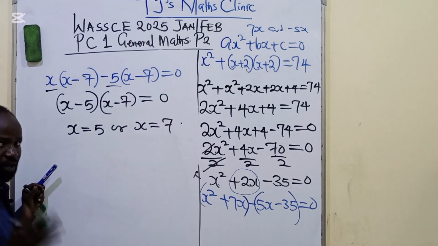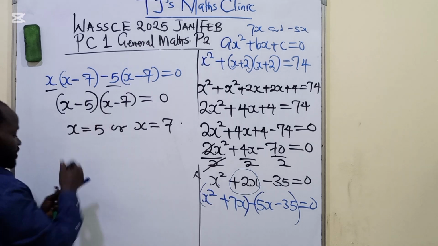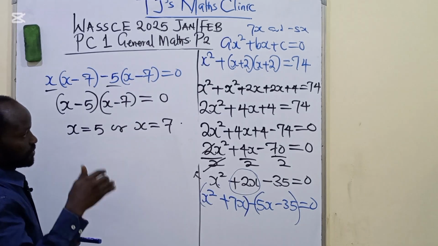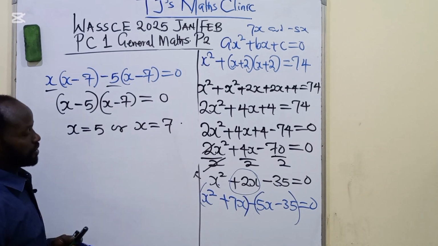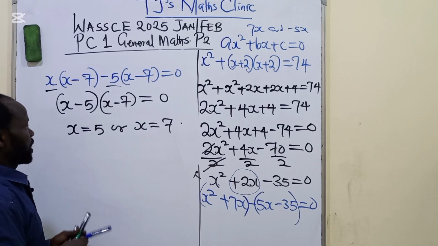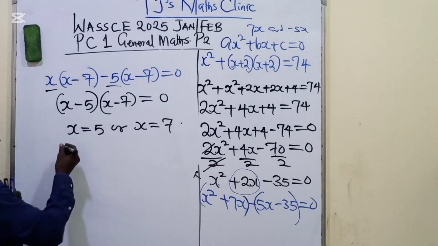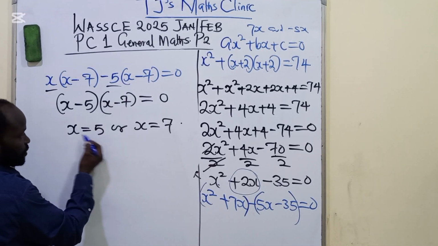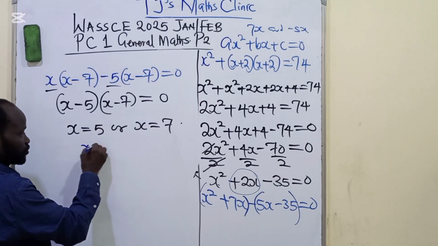But we are not looking for the x value because the question said let the first consecutive number be x and let the second consecutive number be x plus what? x plus 2. So when x, the first consecutive number, could either be 5 or 7, then the second consecutive number will be x plus 2.